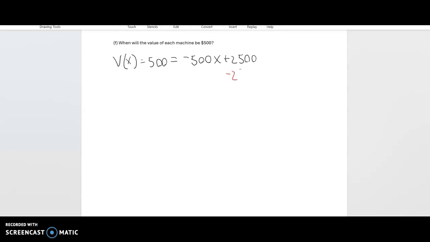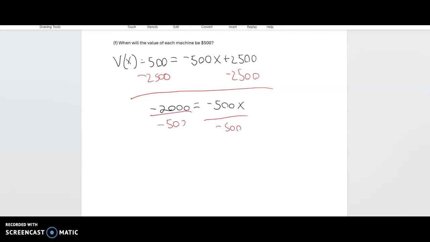We'll subtract 2,500 from each side, and we'll get negative 2,000 equals negative 500x, and divide each side by negative 500. And from there, I'll get x is equal to 4. So after 4 years, each machine will be worth just $500.